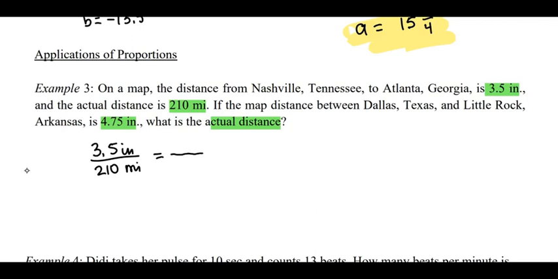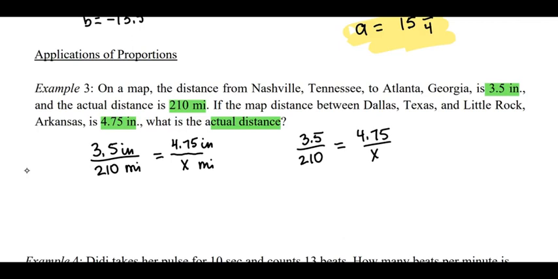All we're given is inches, so that one is going to go on top, 4.75 inches on top, because that's what we used on top on the left side of the equation. And then we're going to have X miles. So once we set it up, we can drop the units. We need them to guide us where all the numbers go. So we have 3.5 over 210 equals 4.75 over X.